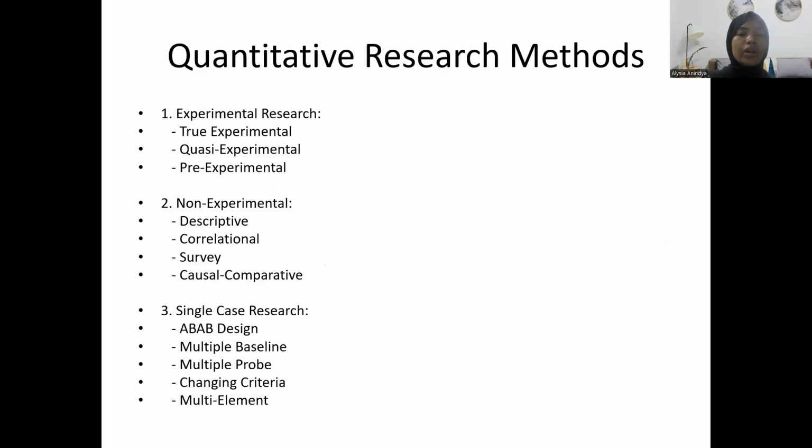And next, we are going to talk about the methods of quantitative research. There are three methods of quantitative research. First is experimental research, second is non-experimental research, and third is single case research. Experimental research is to test the cause and effect of the relationship. There are three types of experimental research.